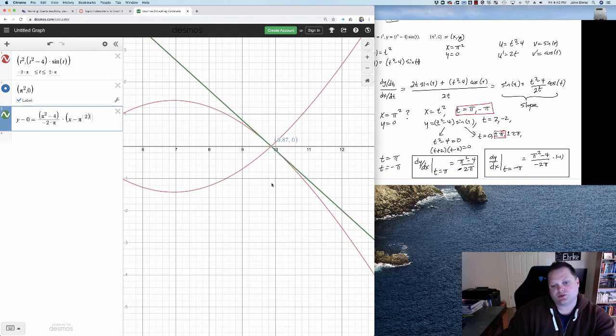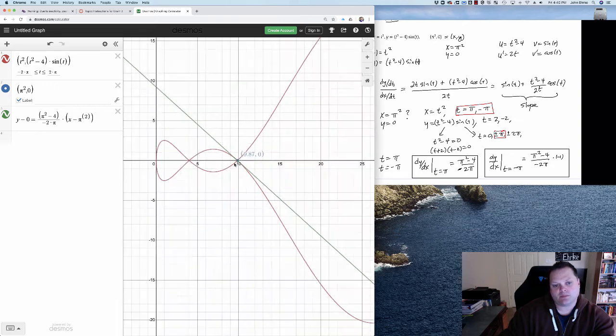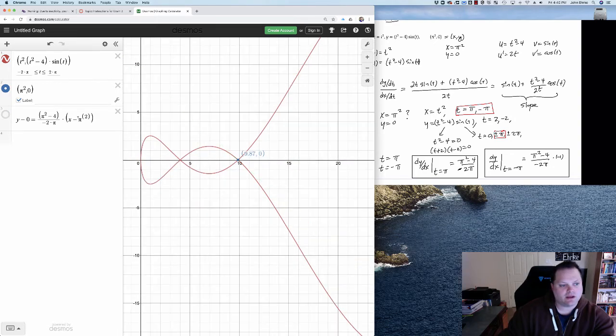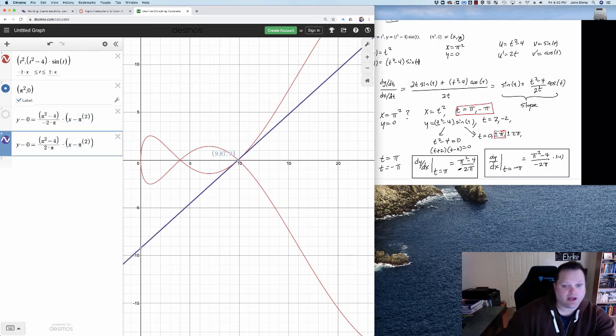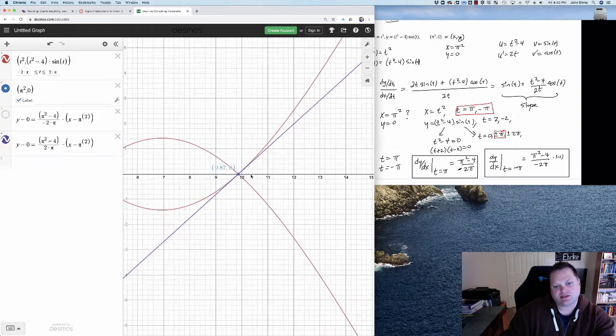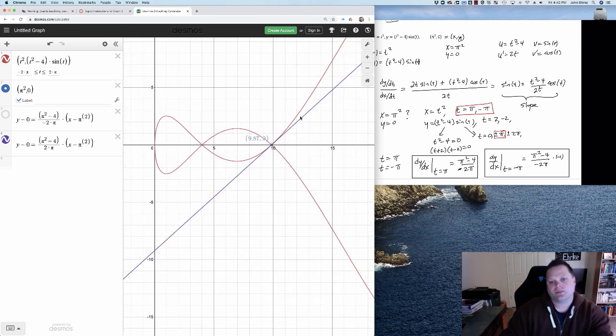So you can see that looks really good. That's the slope at time pi. That's our tangent line to that point at time pi. Similarly, I could copy and paste the same thing down and instead make it positive 2 pi, and you can see that's the tangent line at time negative pi going in the other direction.